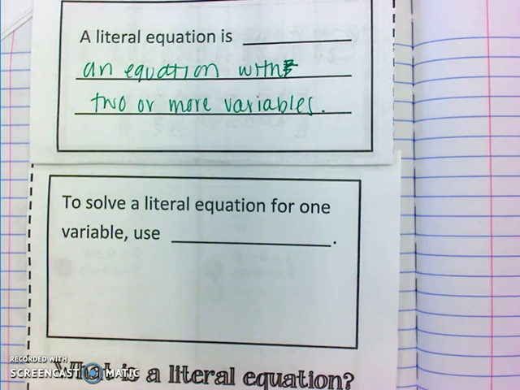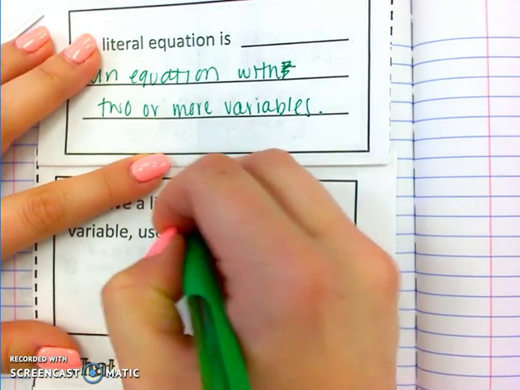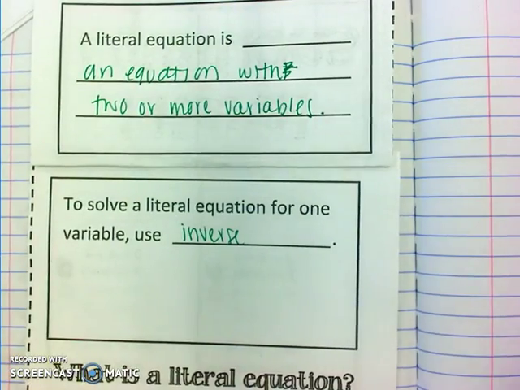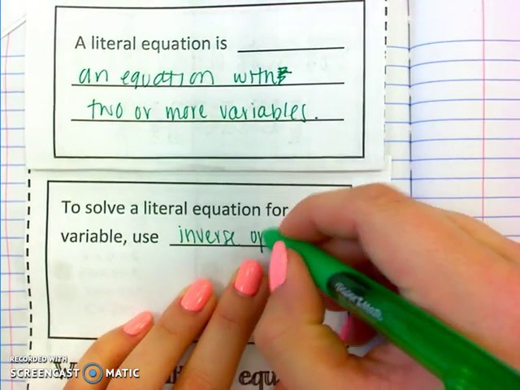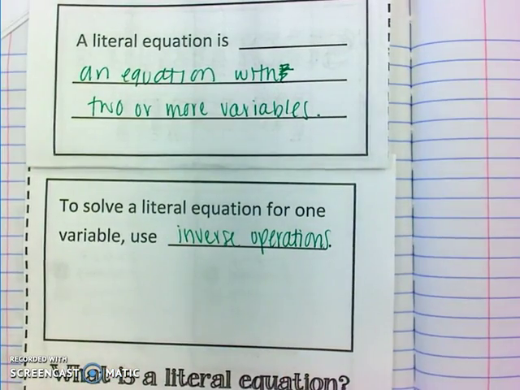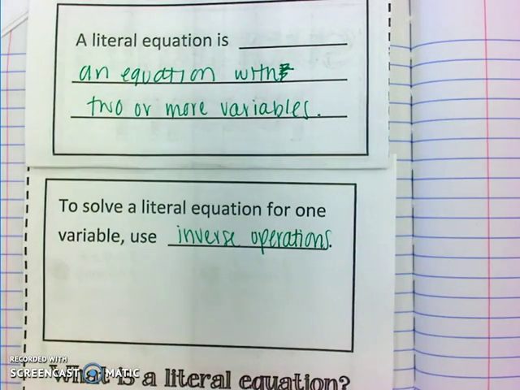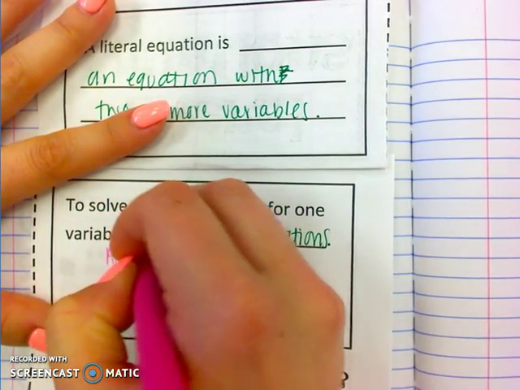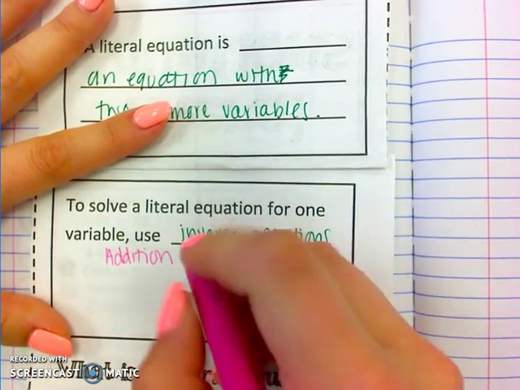So to solve a literal equation for one of the variables, we're going to use inverse operations, just like we do when we solve any typical equation. Okay? So then we know that our inverse operations, if there's addition, the inverse is subtraction.